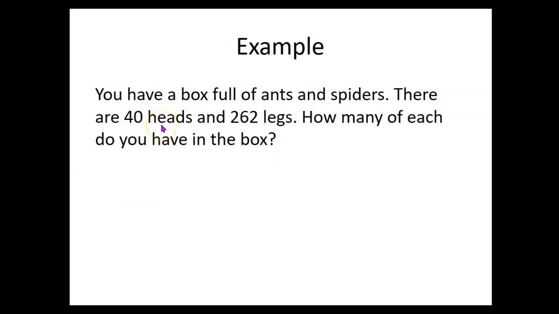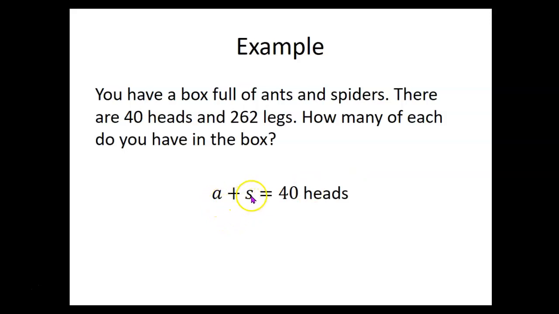Now we have to know, to solve the problem, that each ant and each spider just have one head each, but an ant, being an insect, has 6 legs, and then each spider has 8 legs. So that gives us our two equations.